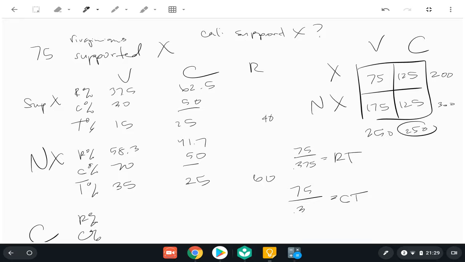Okay. So let's read the hints. How do they explain it over here? Okay. 15% of all people in the survey are Virginians who support candidate X. There are 75 of them, okay.